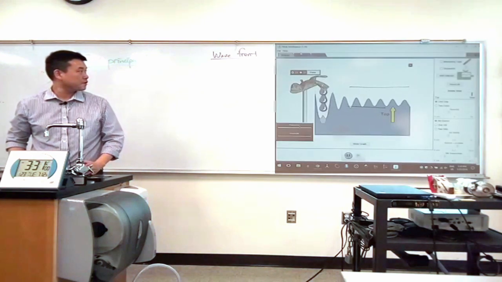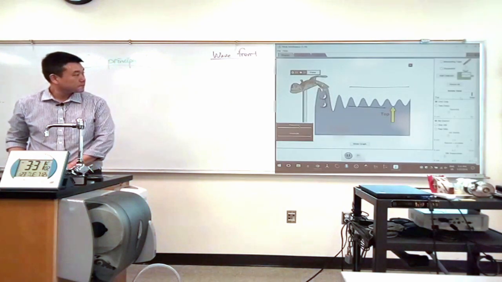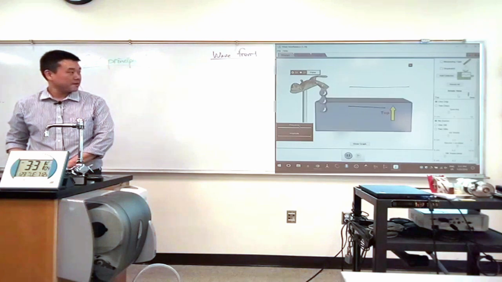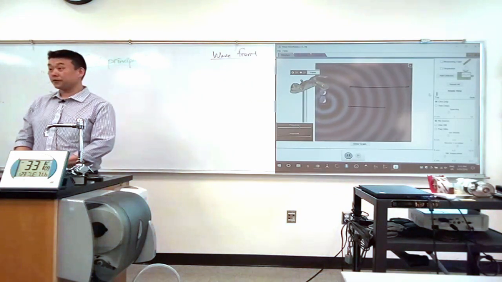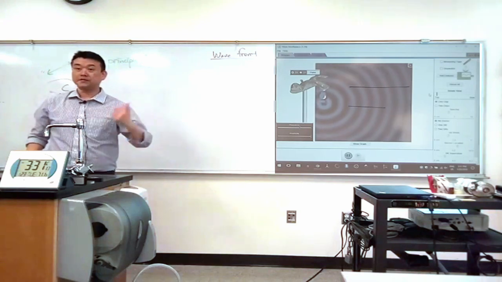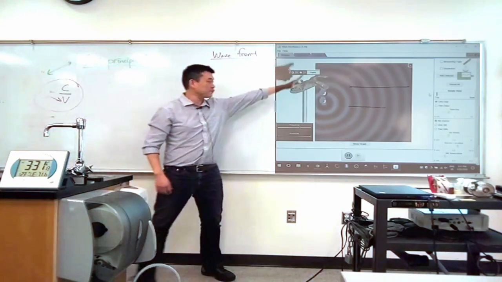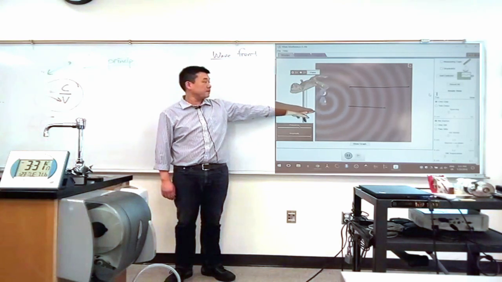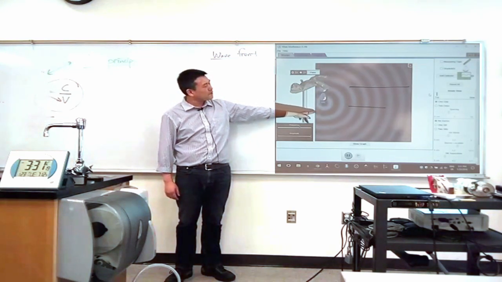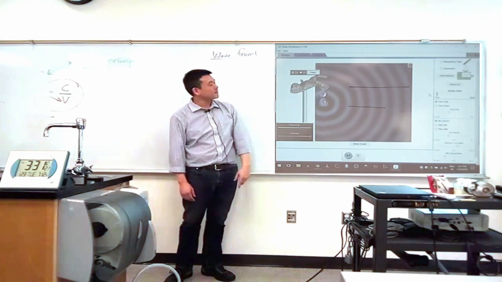So I have this simulation of a wave. It's a simulation, but this is a reminder of something you have seen many times before: water waves. Imagine you have a tub of water, you keep dropping water, and you see water waves forming across it. If you look at it from the top, it'll look like this.